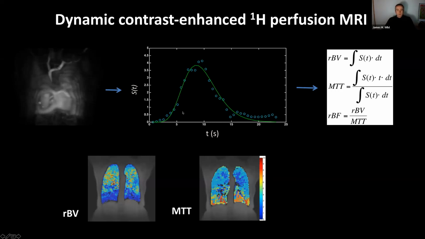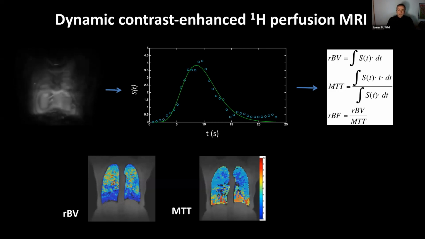We can also look at the time it takes for the contrast to sweep through the lungs. Here we've got a map of the mean pulmonary transit time, and that tells us something about the freedom of perfusion and the pulmonary vascular resistance down at the capillary level as well.